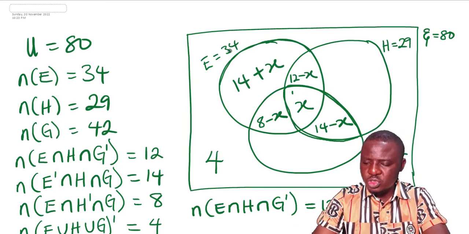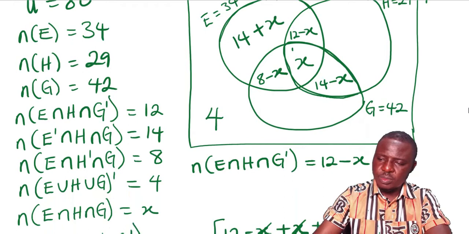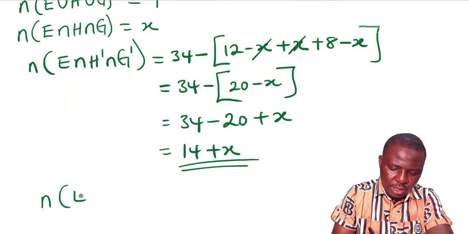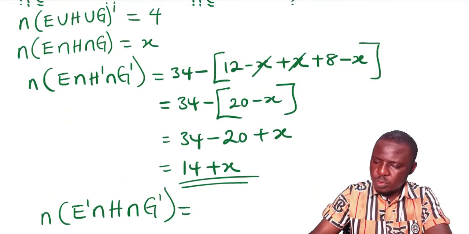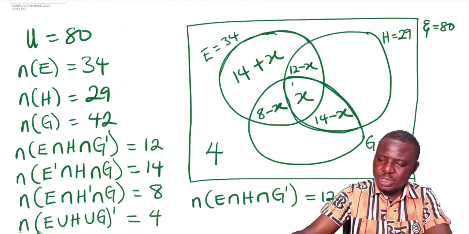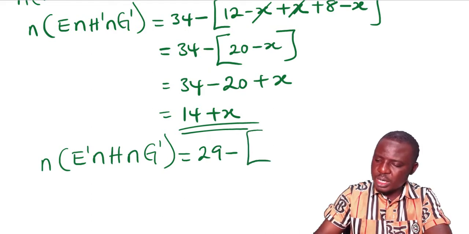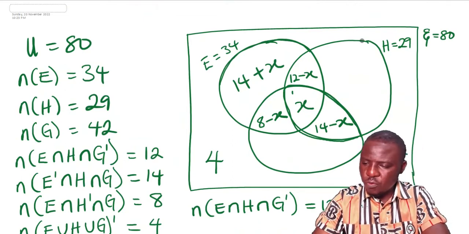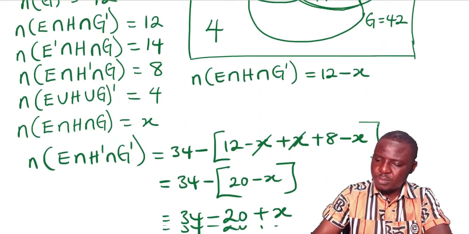We are going to do the same for history and government. So n of history only, n of English prime intersection history intersection government prime will be equal to, the sum total of history is 29. So I have 29 minus, in brackets, I'm going to subtract all those enclosed in the circle for history. That is 12 minus x plus x and 14 minus x.